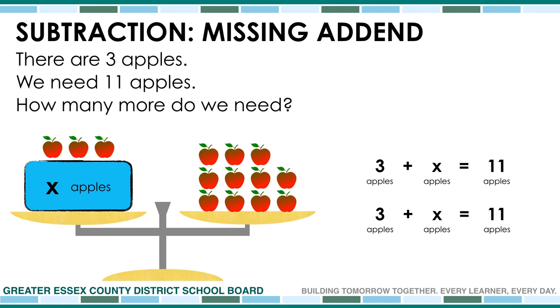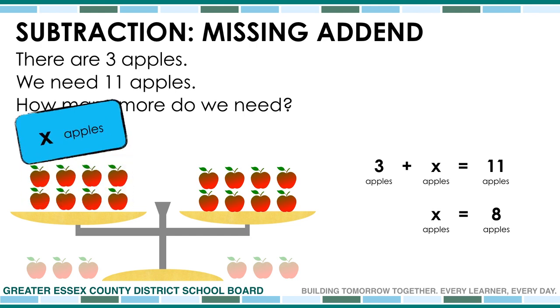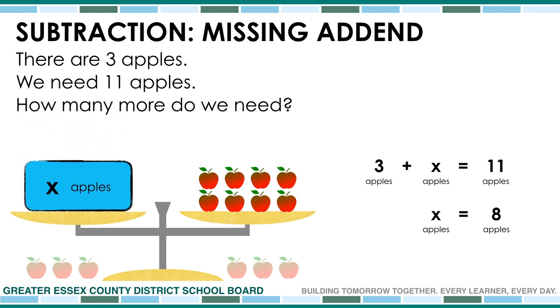On the left side, I can see there are 3 apples, and I can remove those from the left and the right. And using the commutative property and the associative property, as we learned a few videos back, we can actually see that the result must be that there are 8 apples needed. So under that blue box, there should be 8 apples, and there are.